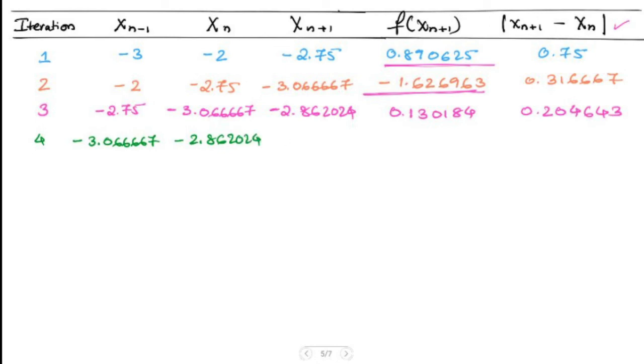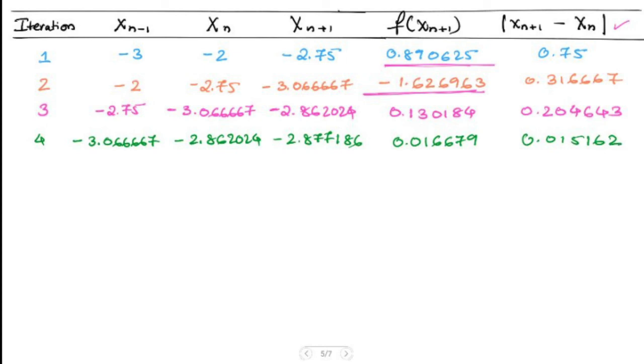So now xn plus 1, if you use the formula and find it out, what we get here now is minus 2.877186, and putting this value inside the function will give us 0.016679, and then subtracting xn plus 1 minus xn gives us now 0.015162.